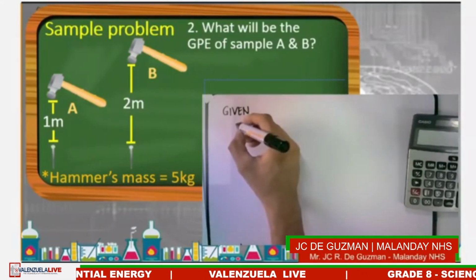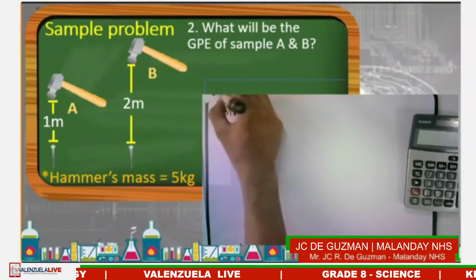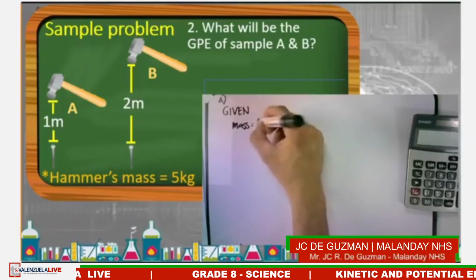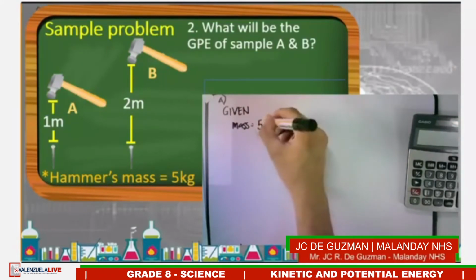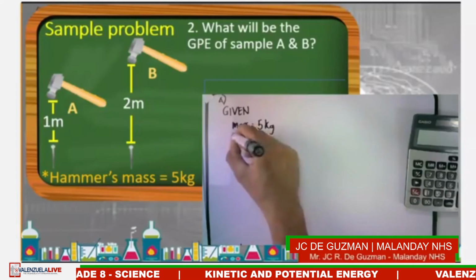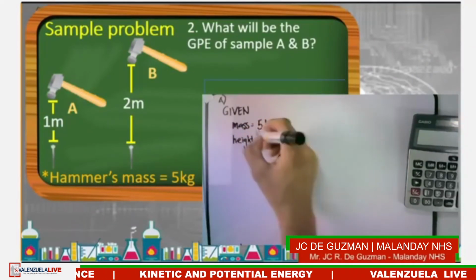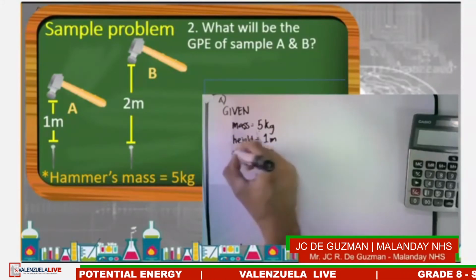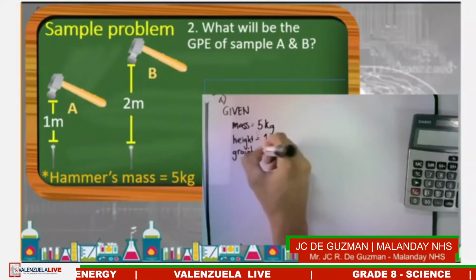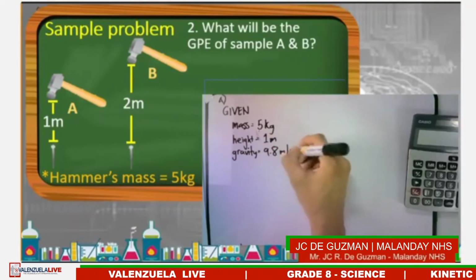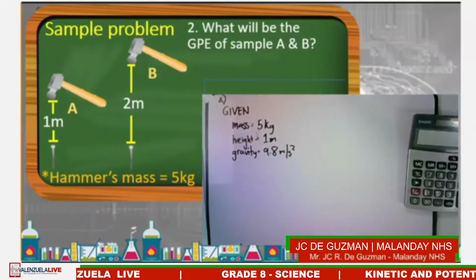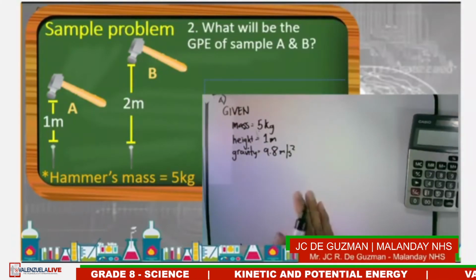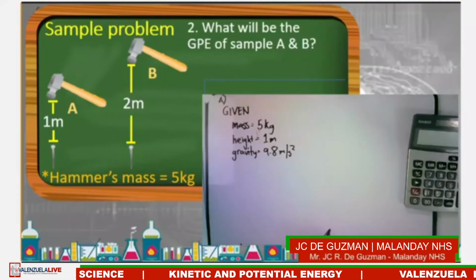For letter A, the mass is equivalent to 5 kilograms, and the height is equivalent to 1 meter. And the value of gravity, which is constant, is 9.8 meters per second squared. Now, GRESA stands for the given, required, equation, solution, and the answer.